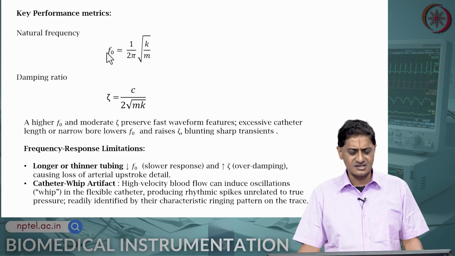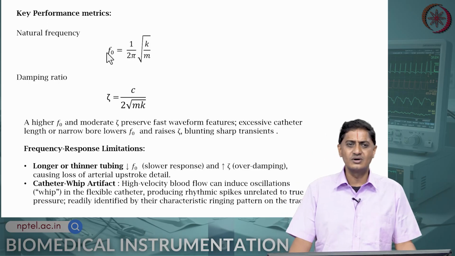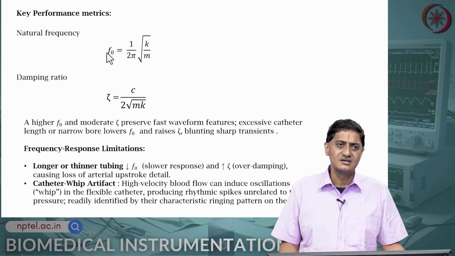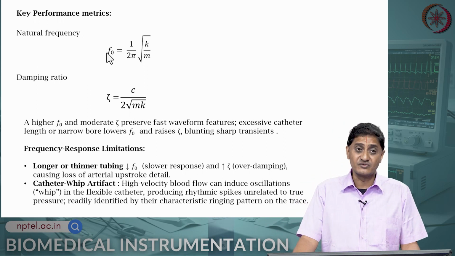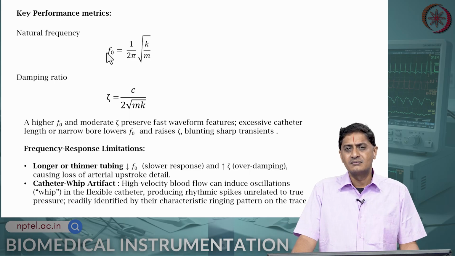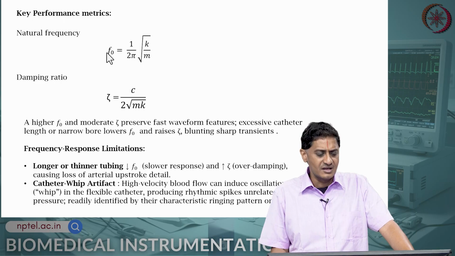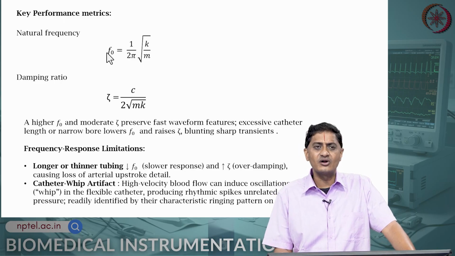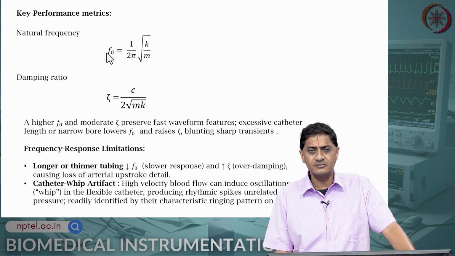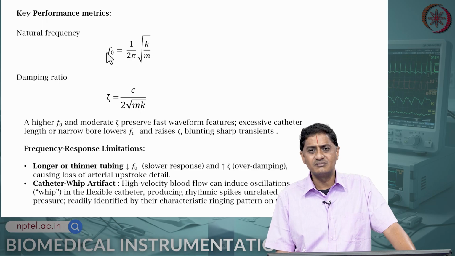It is not rocket science, but if you do not know how to arrive at this, please do check what the natural frequency and the damping ratio of this system would be. Without going into the details of how this system behaves, a higher natural frequency and moderate damping ratio essentially makes sure that fast waves are properly preserved and measured.